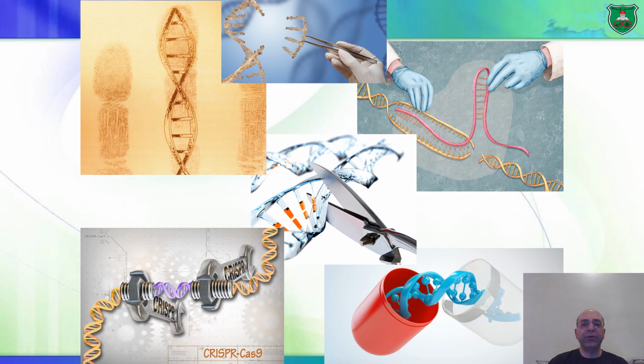I probably showed you these images before, but this is what scientists are trying to do. They're trying to use our fingerprints in certain ways. They're trying to edit DNA. They are trying to change DNA using the CRISPR-Cas9 system. They try to cut certain regions either to fix them or to disrupt these genes.